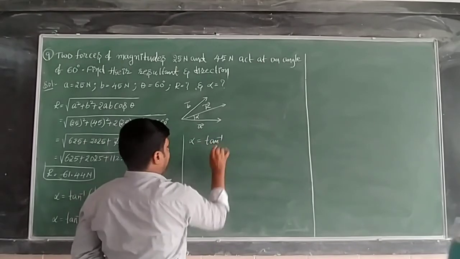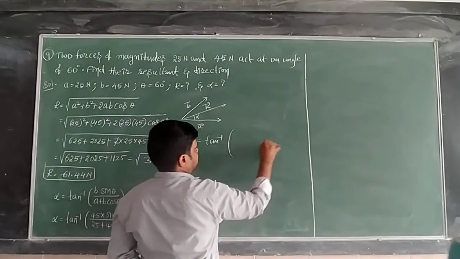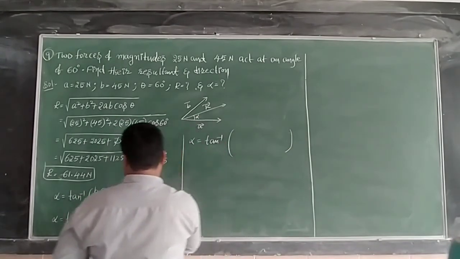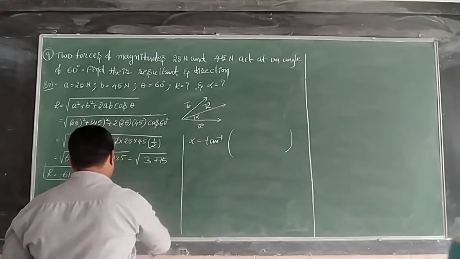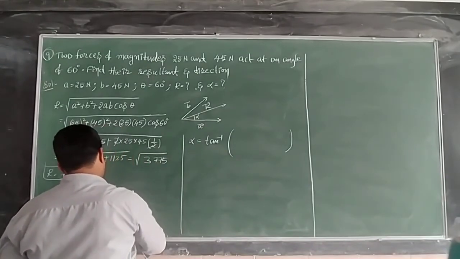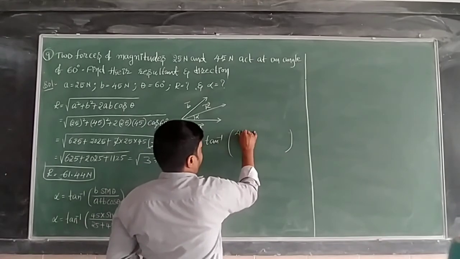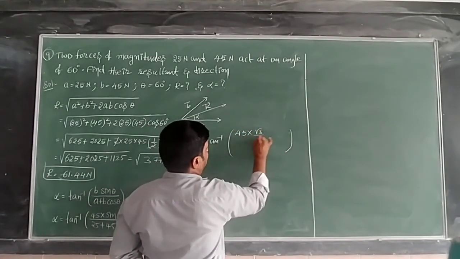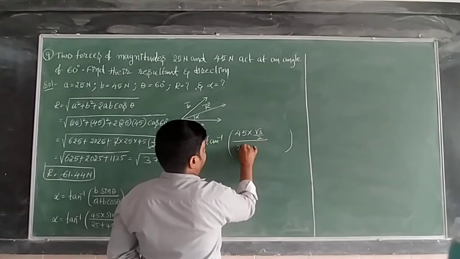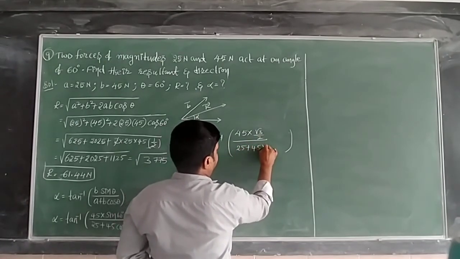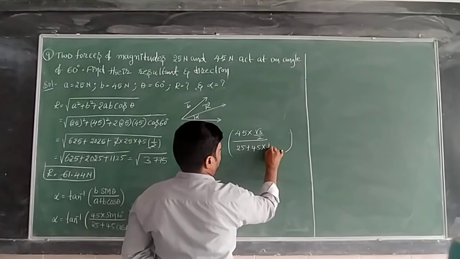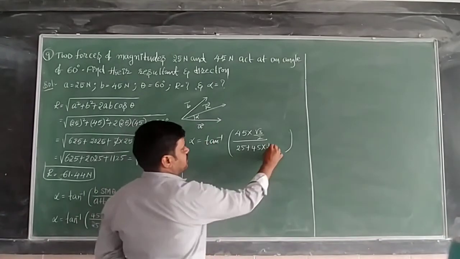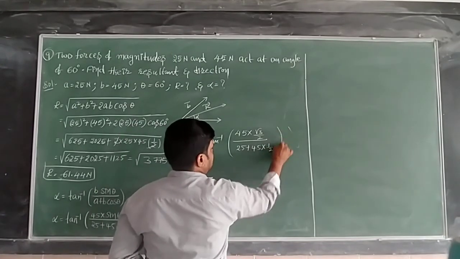Now if you substitute all these values, what will we get finally? 45 into sin 60 is root 3 by 2, whole divided by 25 plus 45 into cos 60, which is 1 by 2. This is the resultant of this one.